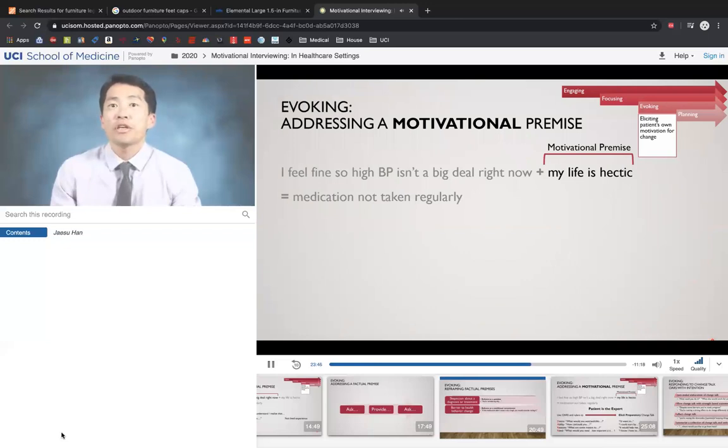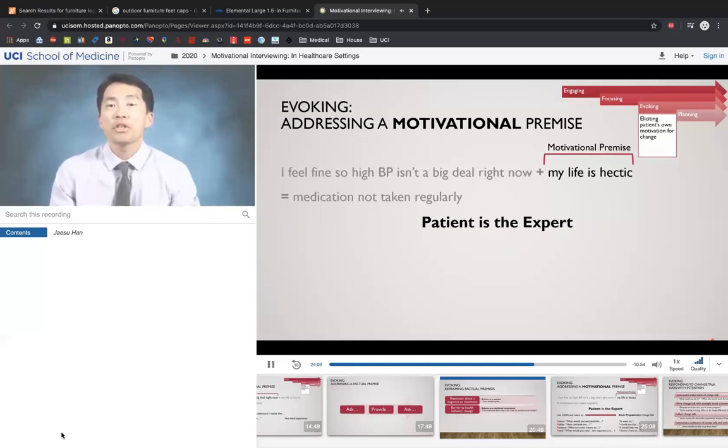Early on, we said that in the sense-making statement, my life is hectic is the motivational premise. And the patient has then expanded on that by describing the work hours and the need to take care of the kids when he gets home as the motivational premise that still is in the way of taking the medication regularly.